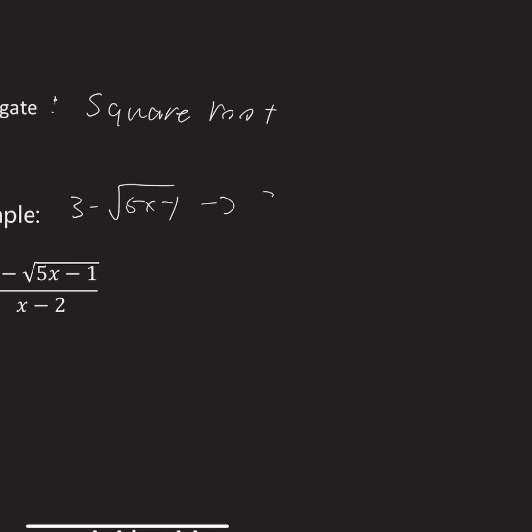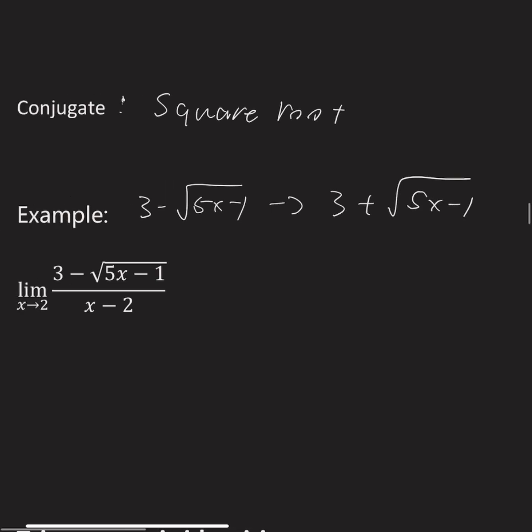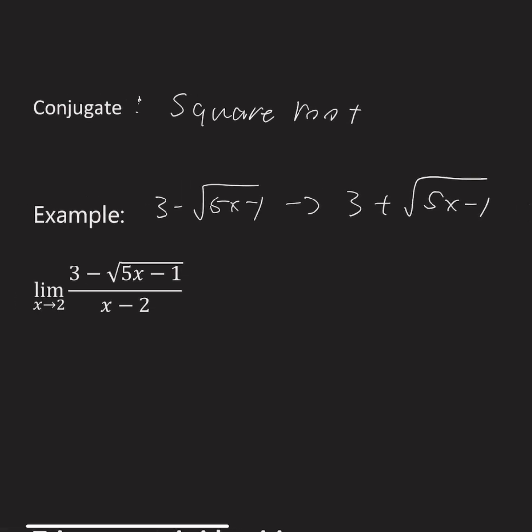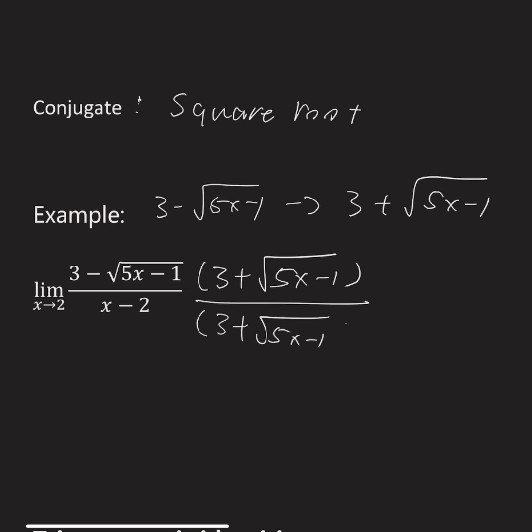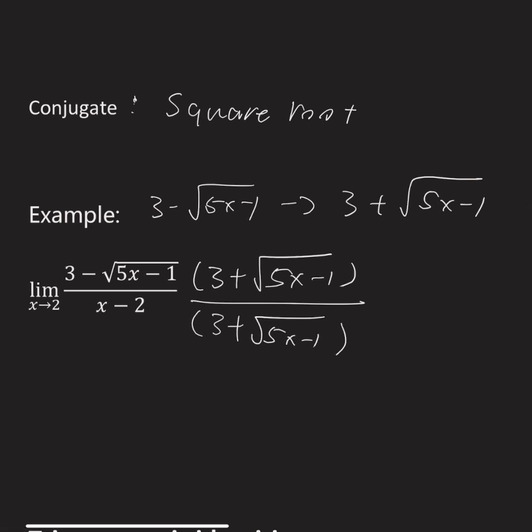Its conjugate is 3 plus square root of 5x minus 1. So what we can do here is multiply both sides by the conjugate, over 3 plus square root of 5x minus 1. The purpose of this is to try to simplify the value and potentially cancel out this term here, the term at the other side of the square root function.